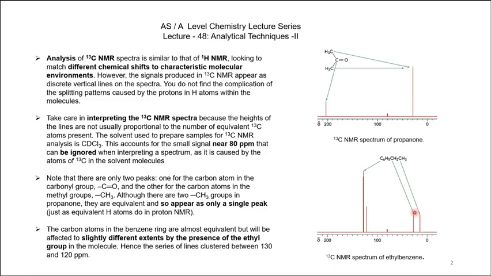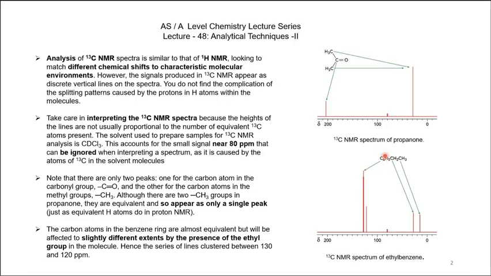And then if we look at the chemical shift, we see that for CH2 this is the peak, and for CH3 this is the peak. Okay, we also have the benzyl group, or ethyl benzene.